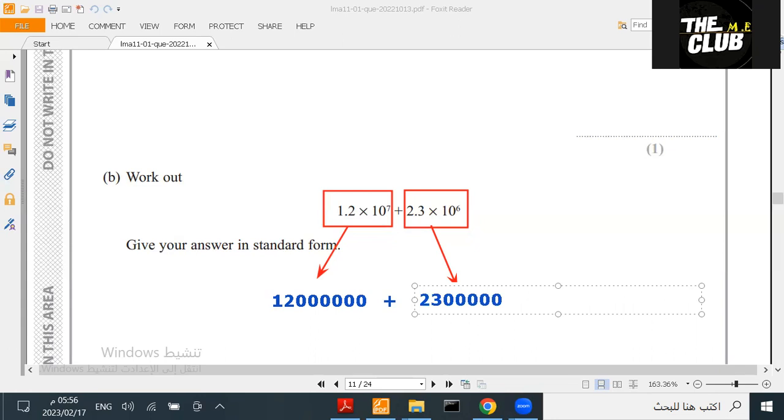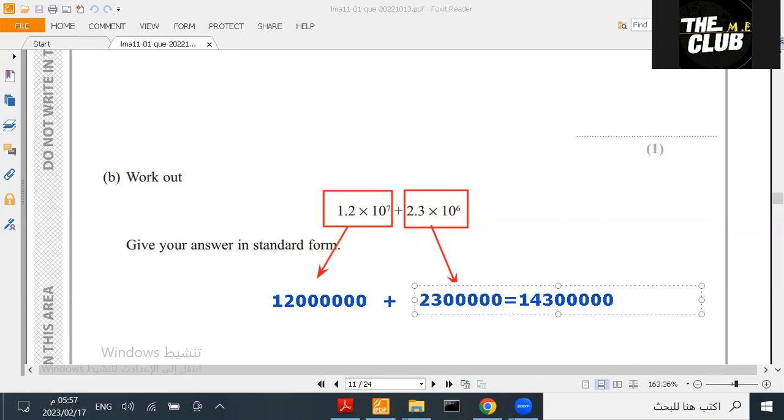Now we're going to add both of them together. We're going to have 1, 4, 3 with 5 zeros. Now we're going to turn this into standard form.